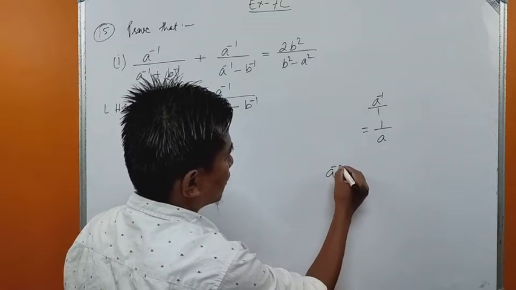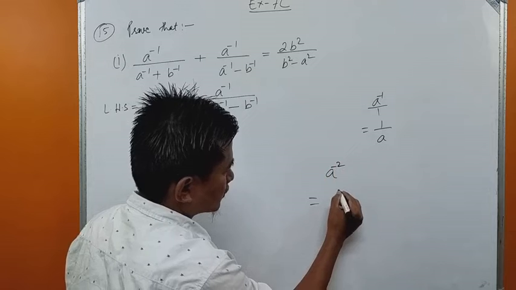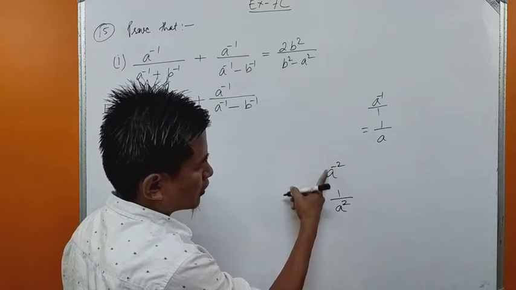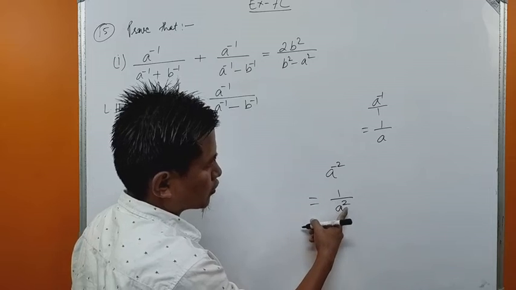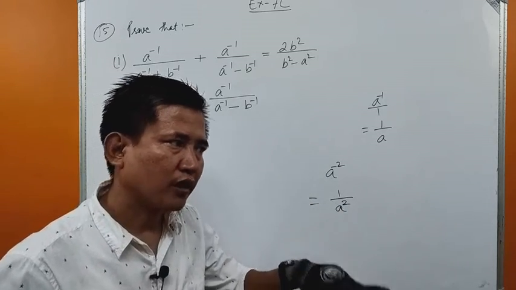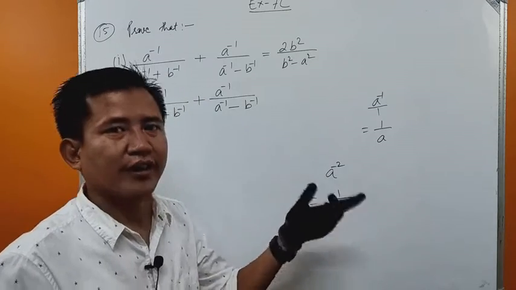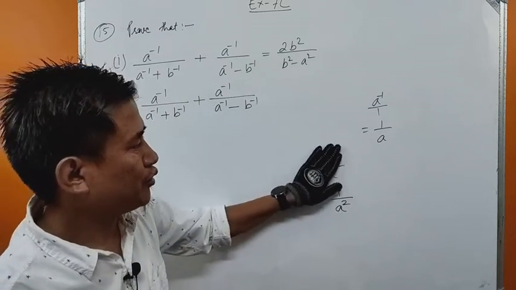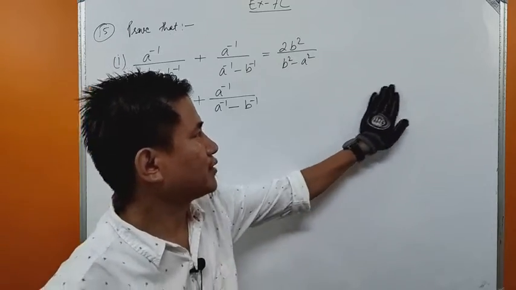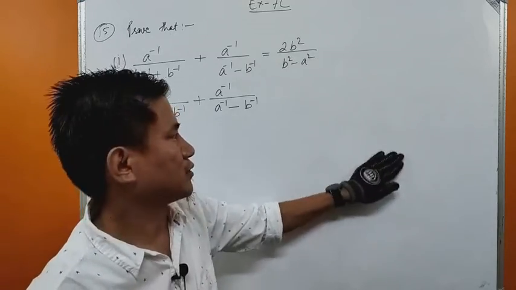Suppose we have a to the power minus 2, we can write this as 1 upon a to the power plus 2. When we take the number from the denominator to the numerator or from numerator to the denominator, the sign of the power changes to minus or plus. If the power is plus, it changes to minus. If it is minus, it changes to plus.